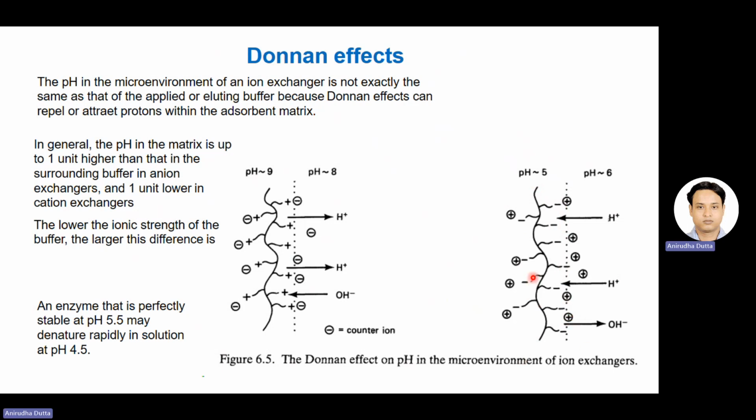So while running an ion exchange chromatography, we have to choose a buffer that has very good buffer capacity. A strong buffer with good buffer capacity is what we should choose, so that we can avoid denaturing our protein.